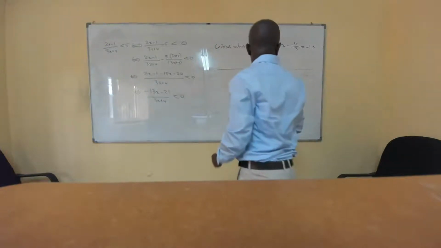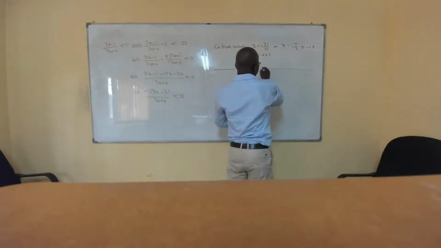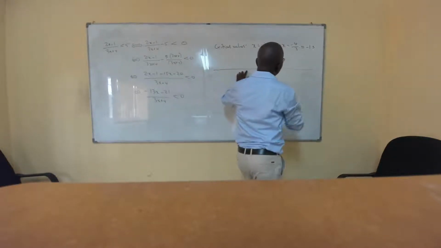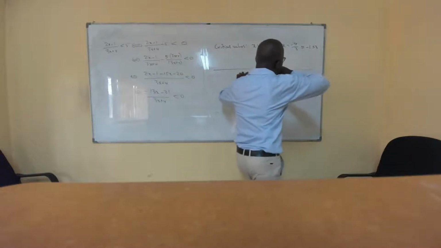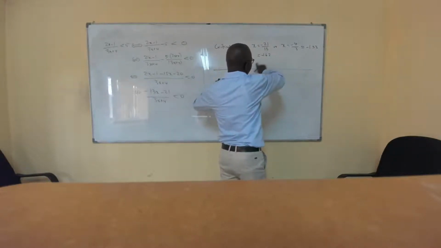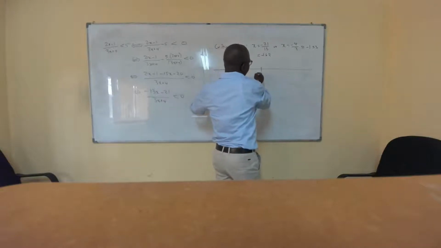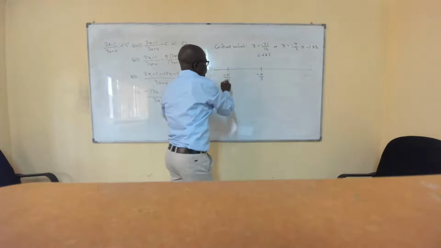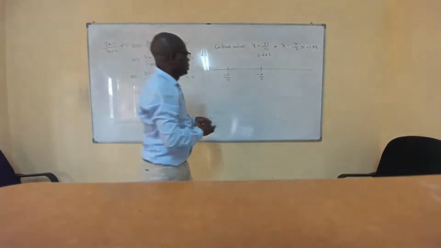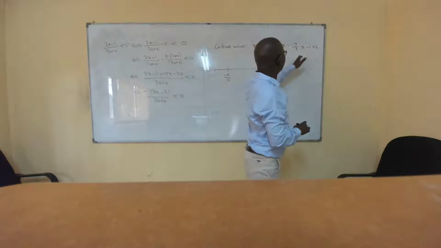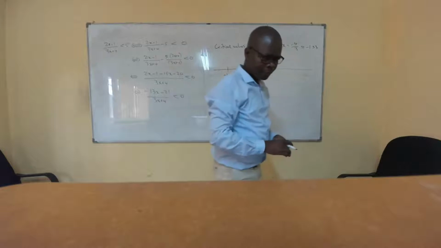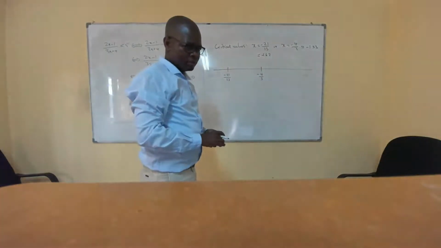Okay, so if you compare these numbers, this is far away from 0 and they are negatives. So it's like we have minus 4 over 3 here, and this minus 21 over 13 should be here. This is closer to 0 than this one. So this is how they are related.